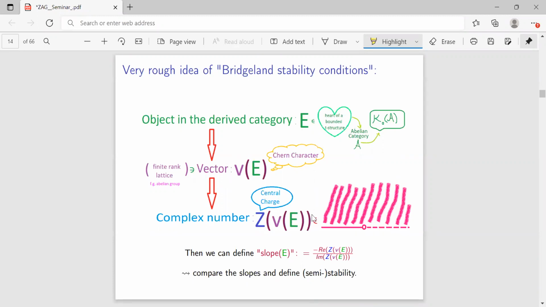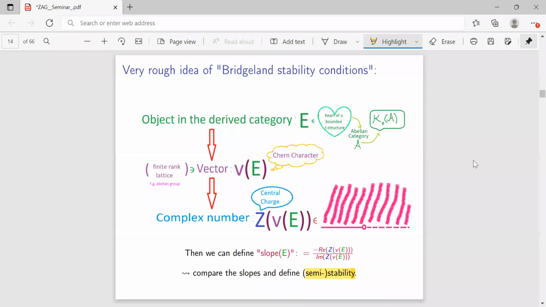We want this complex number to be in the upper half plane union the negative real line. Having this complex number, we can define the slope of E to be minus the real part of this complex number over the imaginary part. Having this, we can compare the slope of an object to the slope of its sub-objects and define the notion of stability or semi-stability.